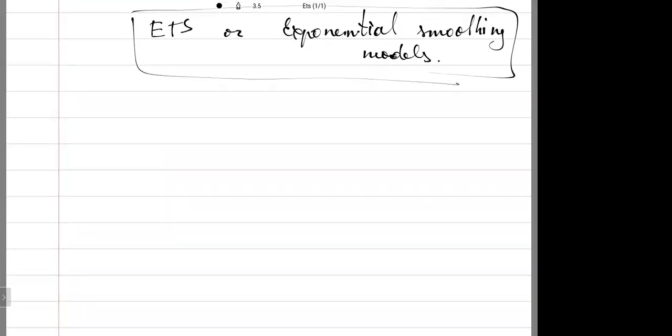They are also called exponential smoothing models. They have a long history. I think they started like 70 years ago, roughly the 1960s.